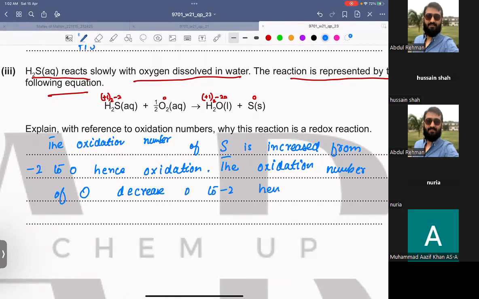Hence reduction. Yes, is this clear to everyone?